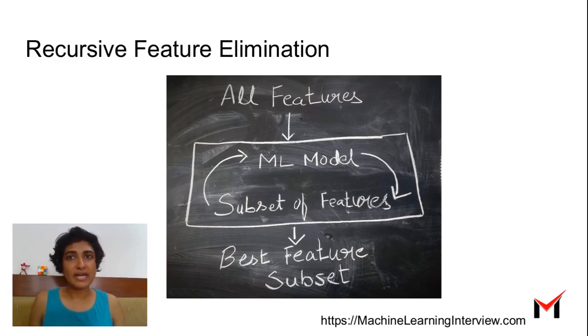The idea behind this technique is to fit an ML model on the data and figure out the most relevant features by looking at the parameters of this model, like the weights, or it could be various kinds of parameters. Now you can use many models here. Examples of popular models you can use for RFE are logistic regression or decision trees, or even linear regression if you're looking at continuous data.